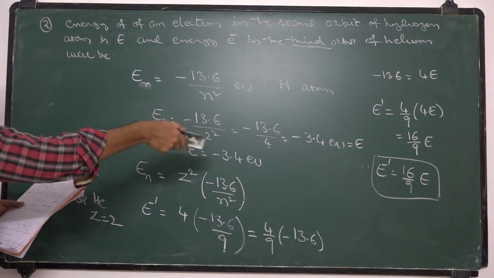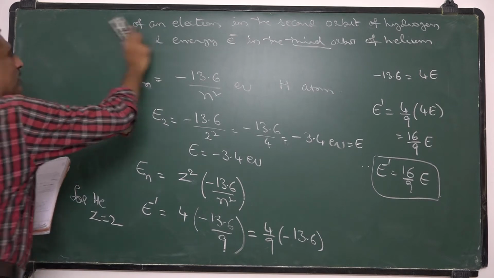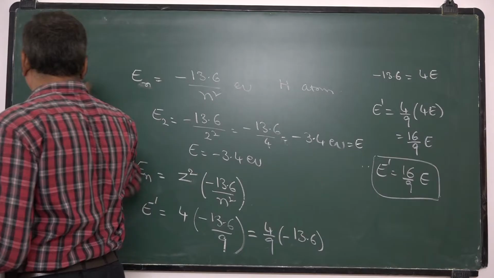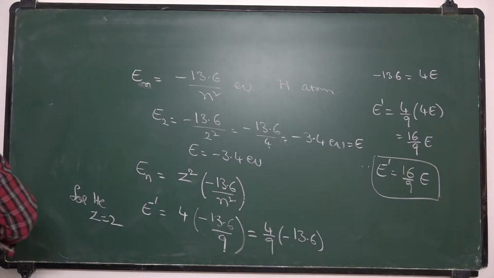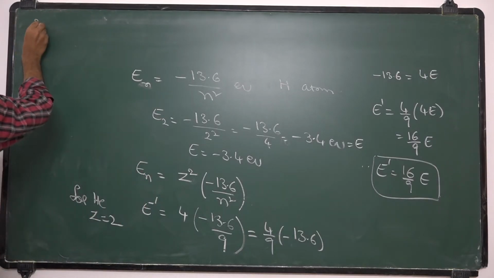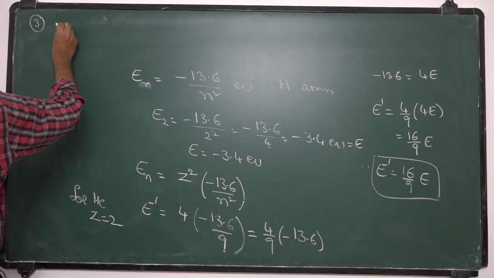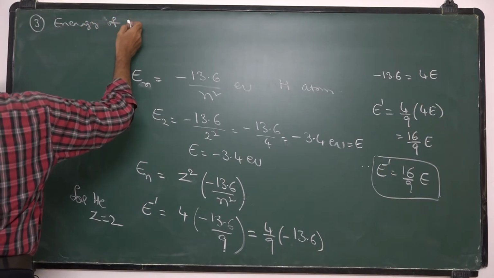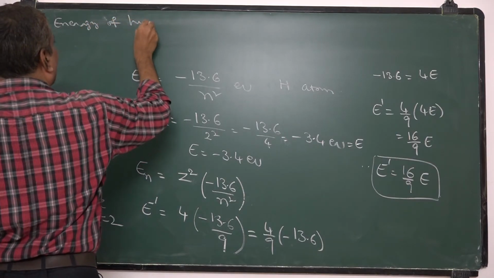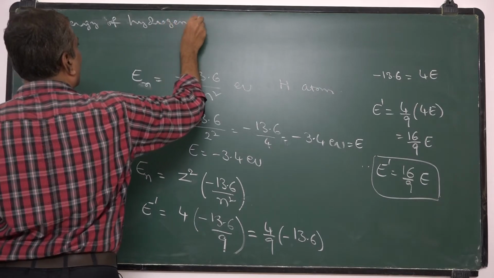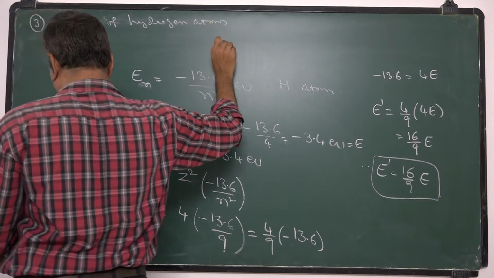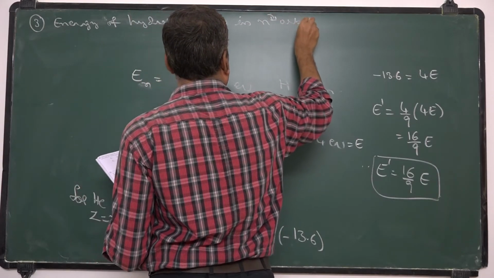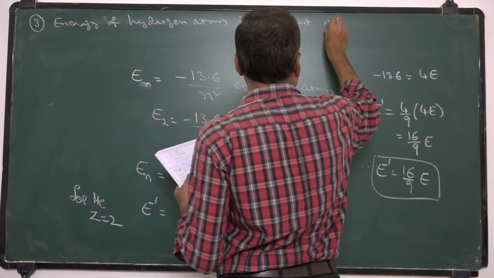So based on this, a similar one, the third one: energy of hydrogen atom in the nth orbit is En.